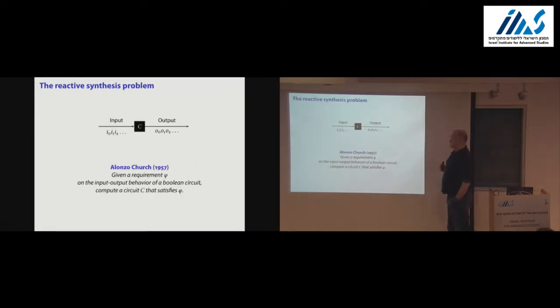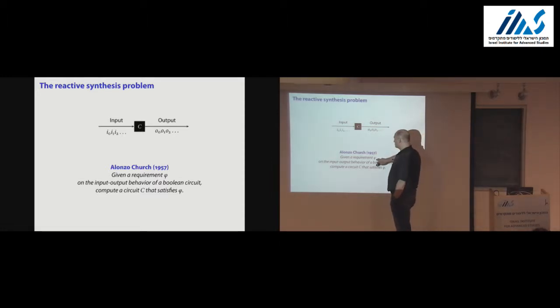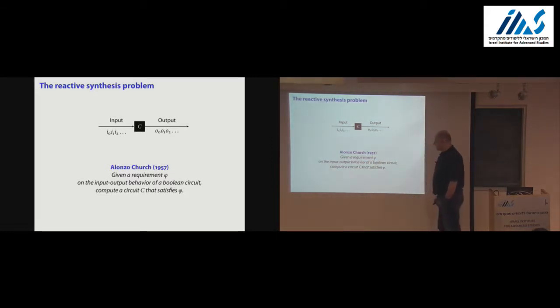So let me state the reactive synthesis problem, which, as we discussed yesterday, actually is one of the oldest problems we have in computer science. It goes back to Alonzo Church in 1957. The basic idea is that we have a requirement phi on the input-output behavior of a circuit, and we compute a circuit that satisfies this requirement.